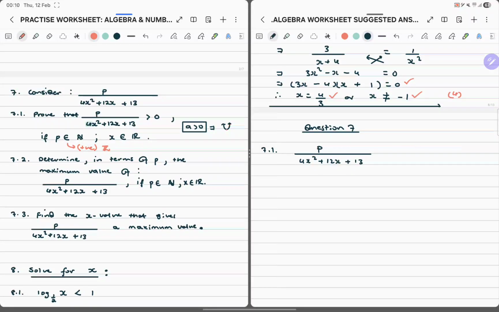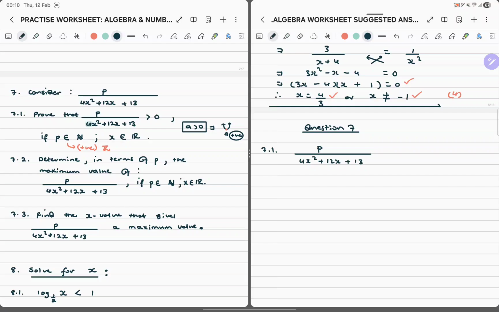So this means it has a minimum value at the turning point. Now, if this minimum value comes up positive, then we can say indeed this whole expression will be positive, because we already know that the numerator is positive.